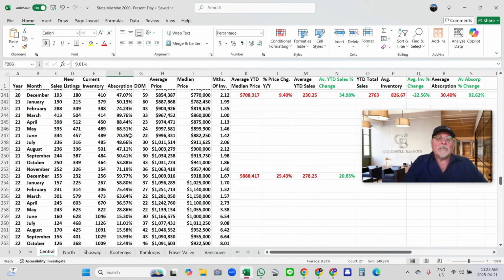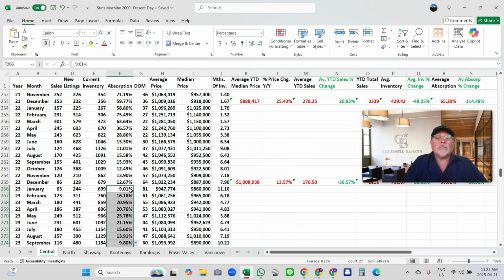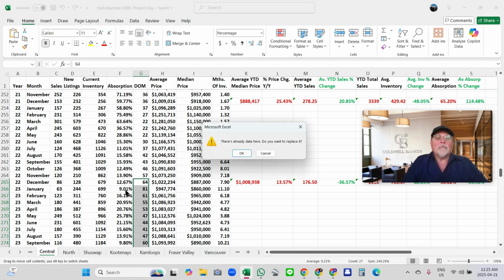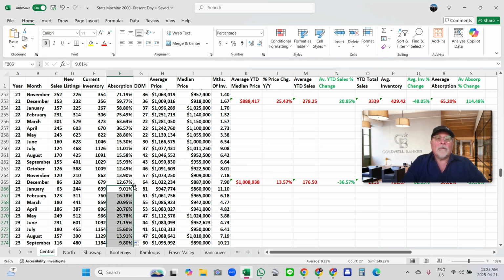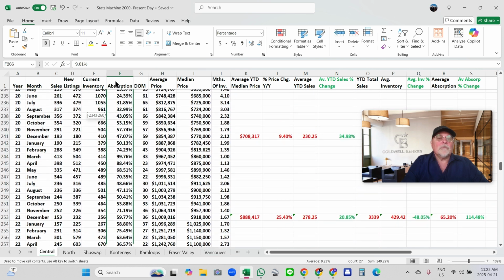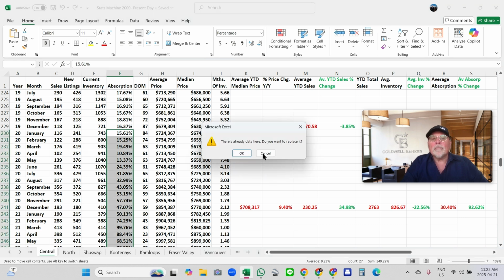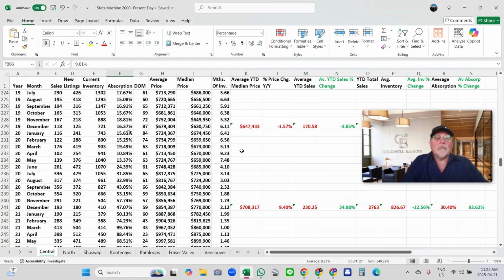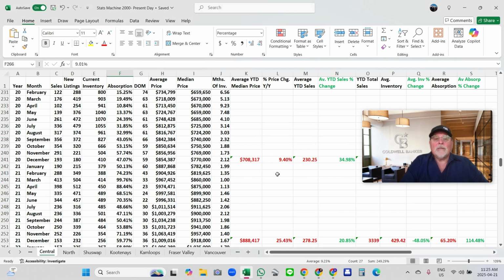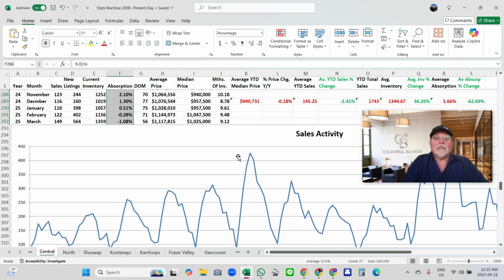But then I have to find out where it starts. It starts up here. Say I want to go back to January of 2020. I have to go down and click on the graph again.